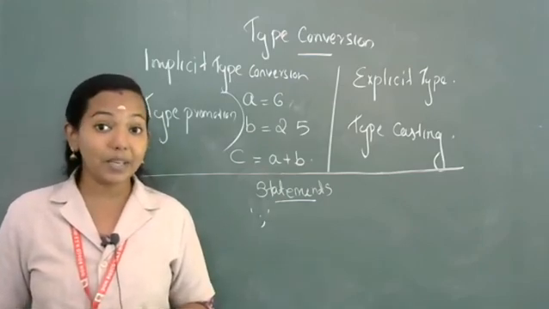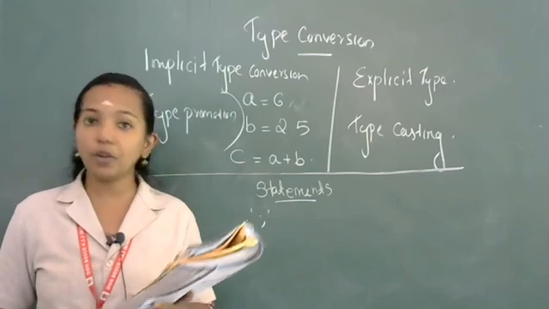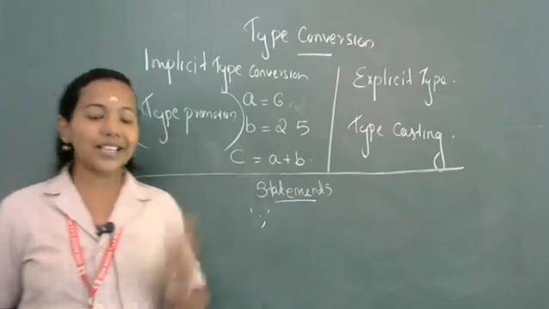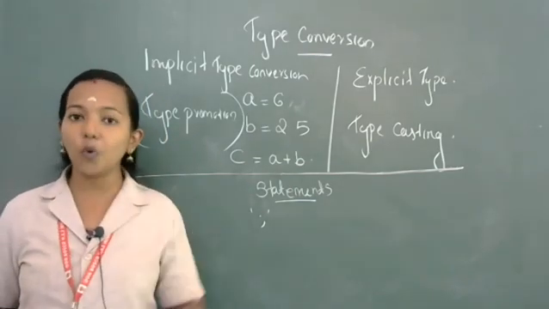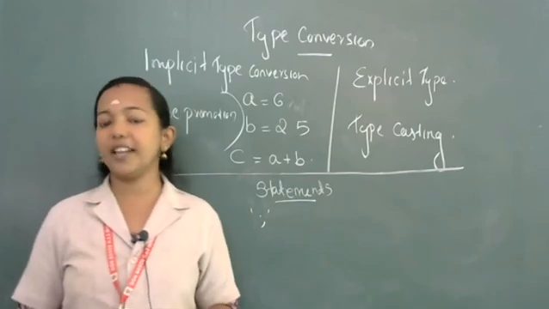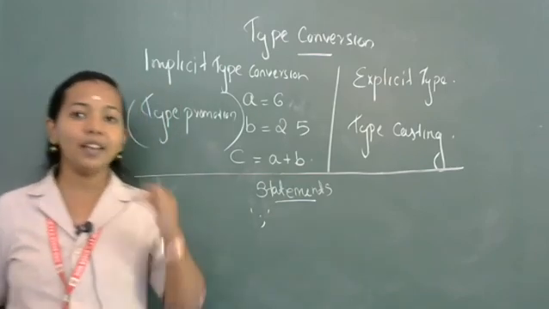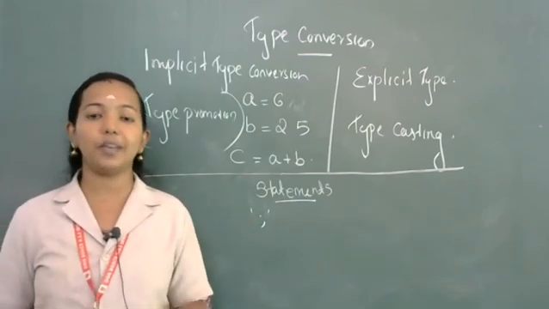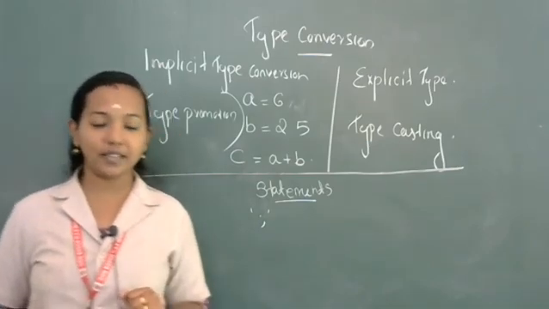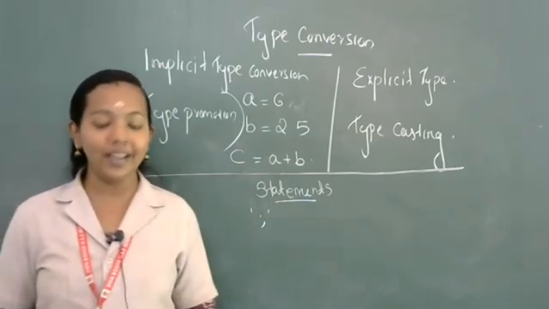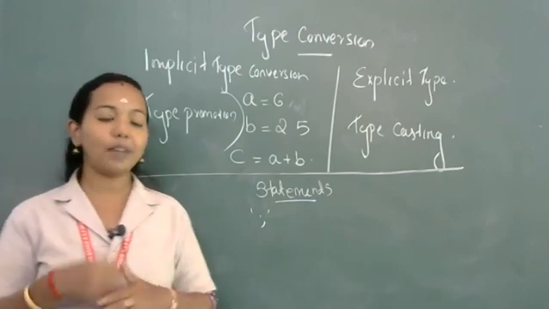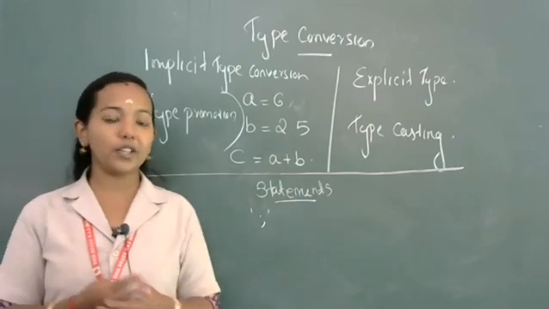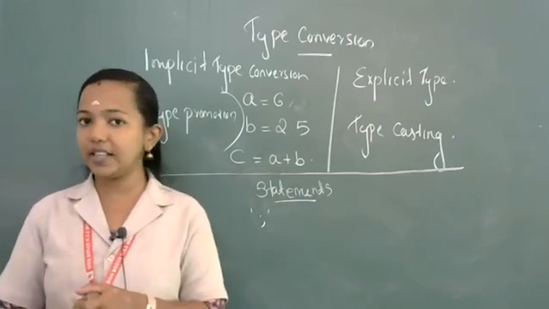The different types of statements used in C++ are declaration statement, assignment statement, input statement, output statement, control statement, etc. These are the commonly used statements in a C++ program. Some of them belong to the executable statements category. The explanation of the various kinds of statements we will discuss in the next video.